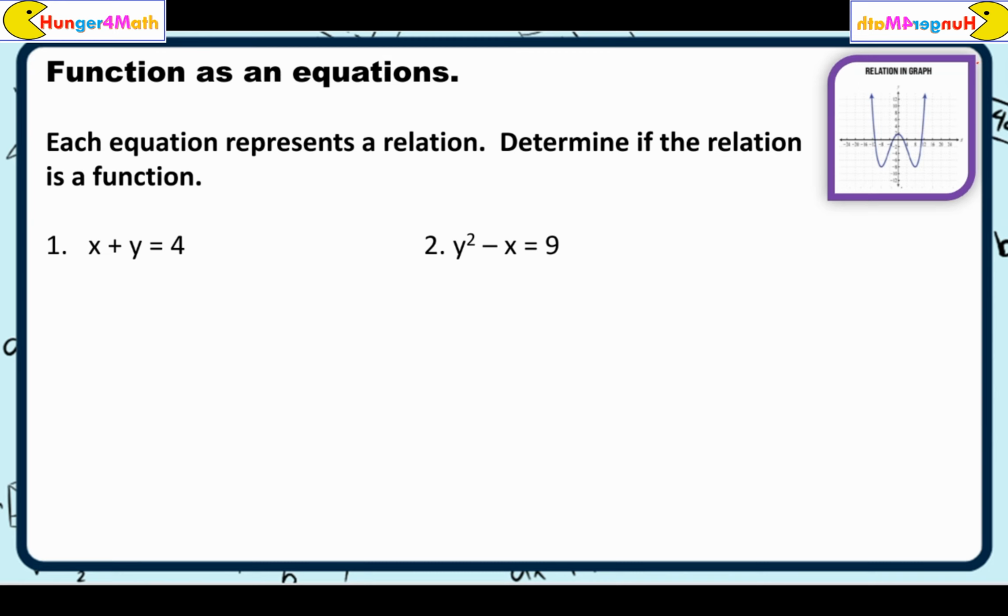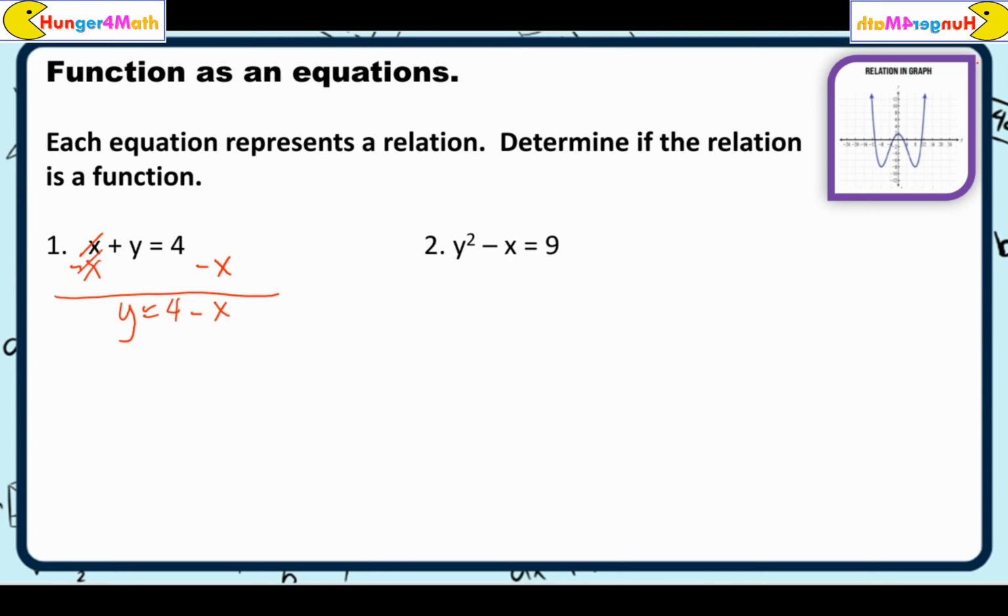Number one, x plus y is equal to 4. Remember, a relation will be a function if the domain has exactly one range. So to do that, let's isolate the variable y. So we have to do the inverse of plus x, which is minus x, and we have to do it on both sides of the equation. So x minus x is 0. Bring down y equals 4 minus x.